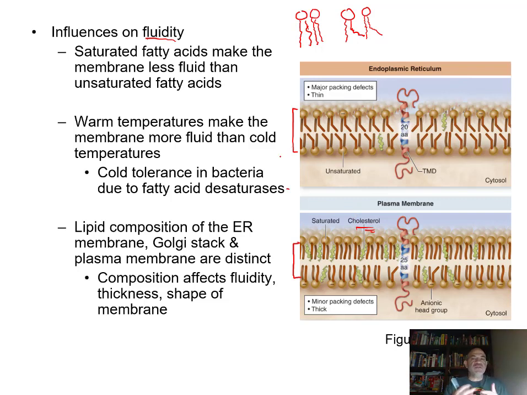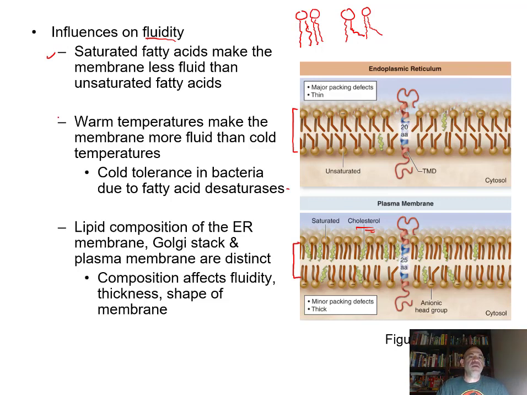The one on the top, if we just look at the amount of unsaturated fatty acids in there. The more unsaturated fatty acids, the more fluid it will be. Conversely, the more saturated fatty acids, the less fluid it would be, which is how it's worded here. It's just two different ways of saying the same thing, and it's why we want to make sure we don't memorize things word for word. We want to be careful of how things are stated.